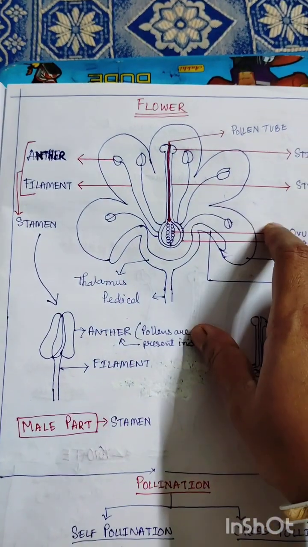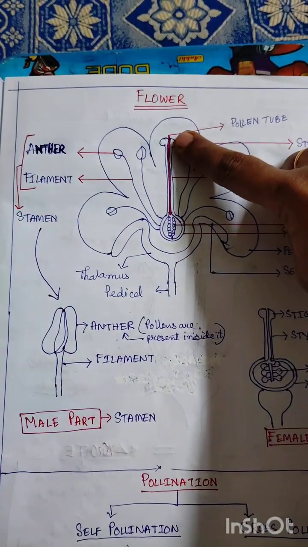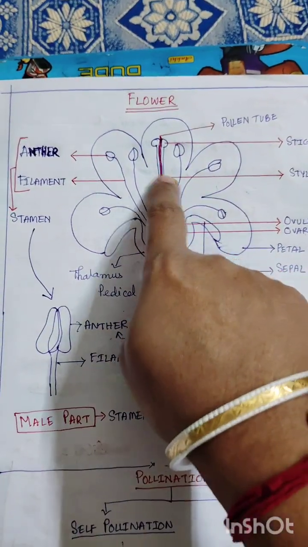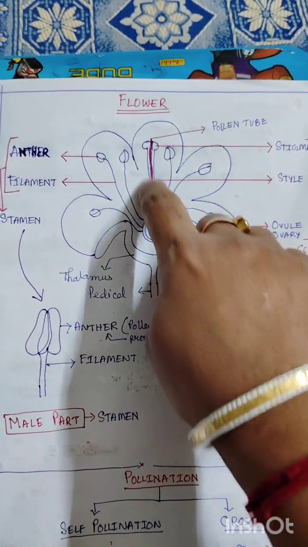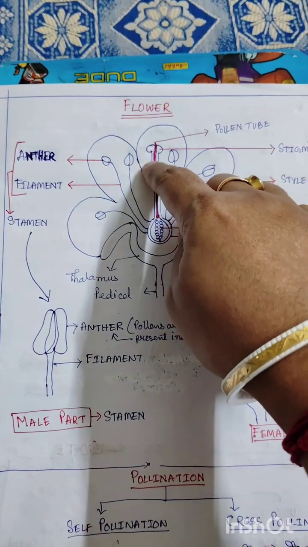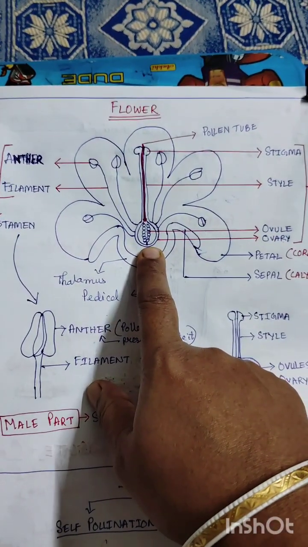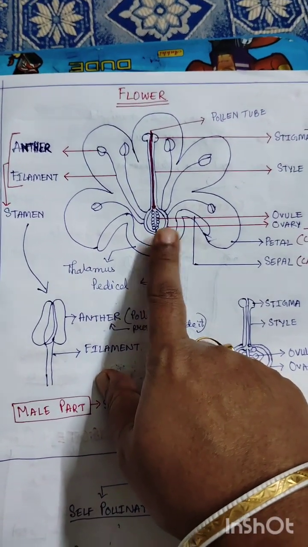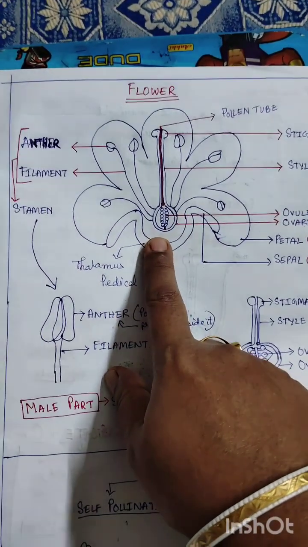Okay, now see the diagram. I have made one red line inside this style, that is the pollen tube through which pollen grains enter inside the ovary. That portion we will discuss later in the fertilization topic.